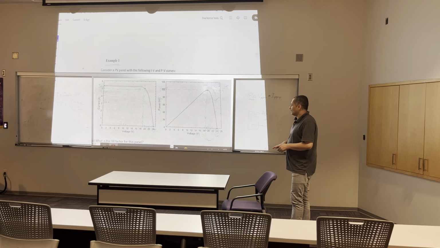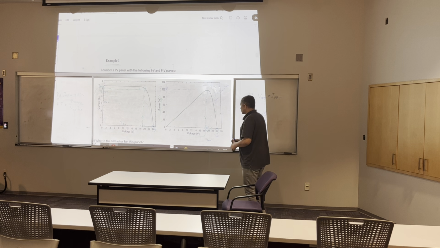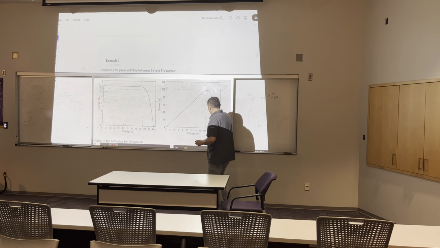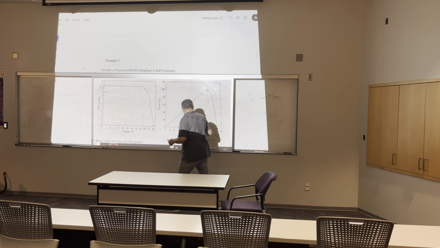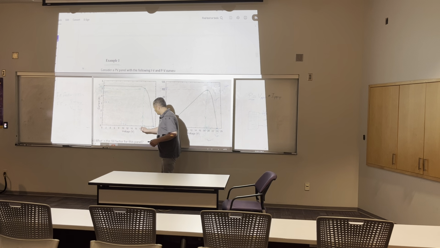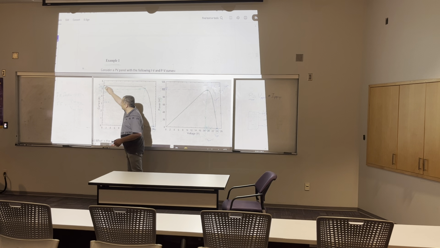Now, this power is PPT, maximum power. So the voltage here is VPP. VPP should be the same as the example, 19, here 19. Draw the line to intersect the curve to calculate IPPT.